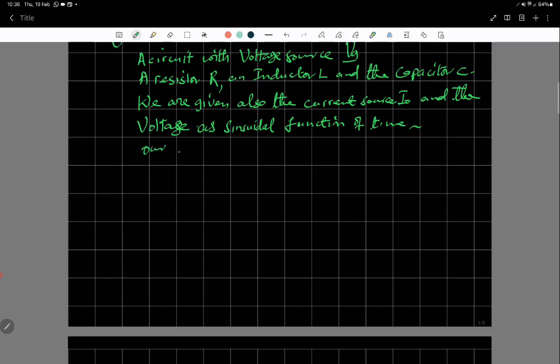Our goal is to find the value of W, the angular frequency in our circuit.